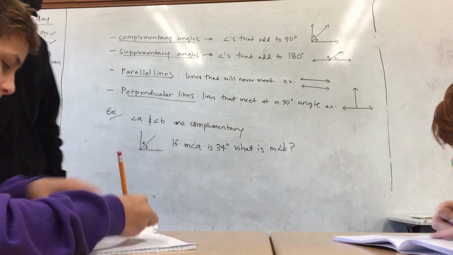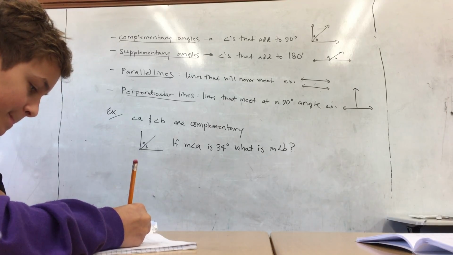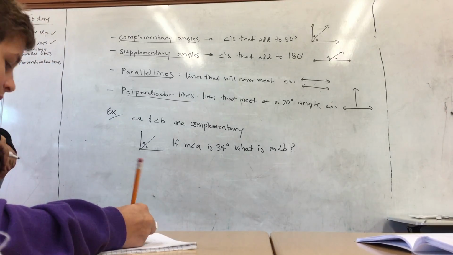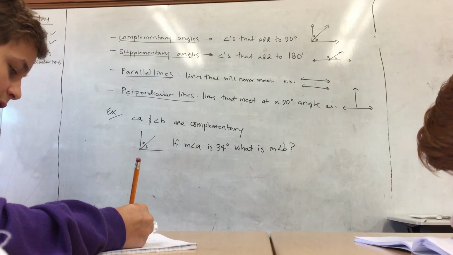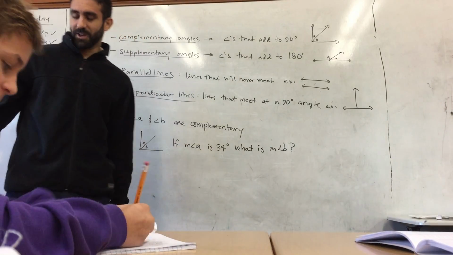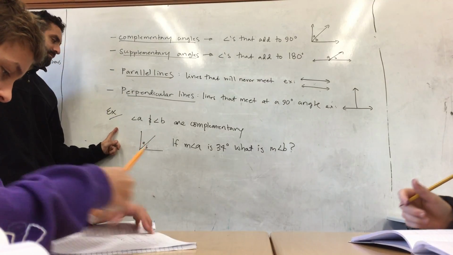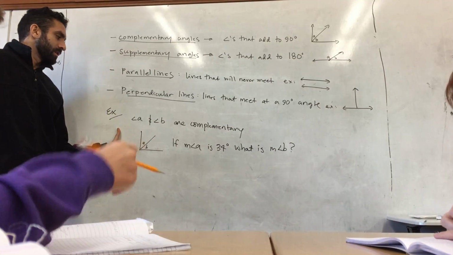Parallel mall. Perpendicular mall. He's running away from the SWAT team. He'd get shot probably if he's running away. That's how he drives around.